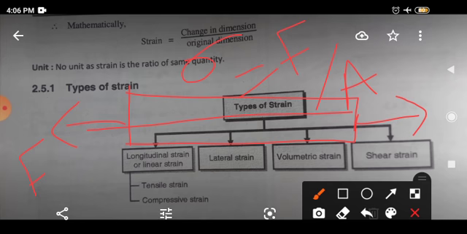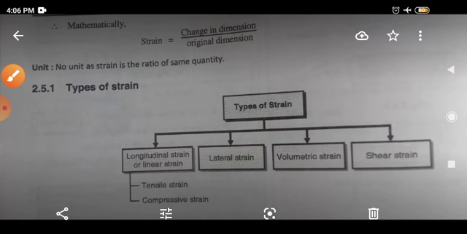Its unit was Newton per meter square. So all these things we have studied. Then we also studied types of stresses, that is tensile stress, compressive stress, and shear stress.